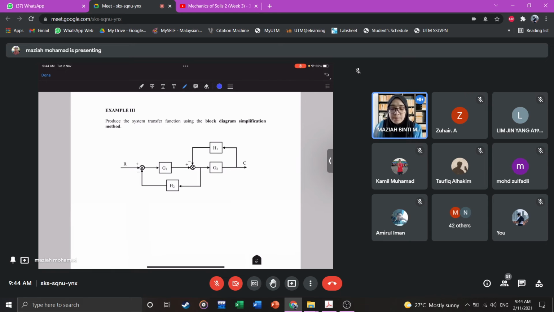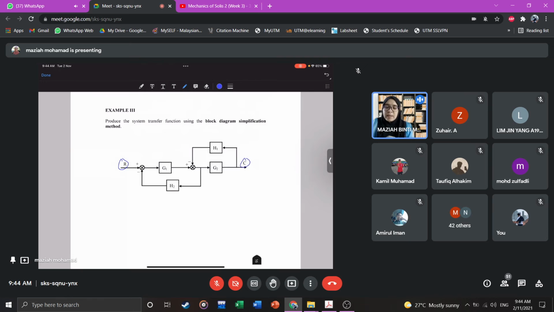Okay, let's do example 3 here. Right, so we're going to produce the system transfer function, which is the ratio of output and input, C over R. Okay, C is the output, R is the input, using the block diagram simplification method. All right.